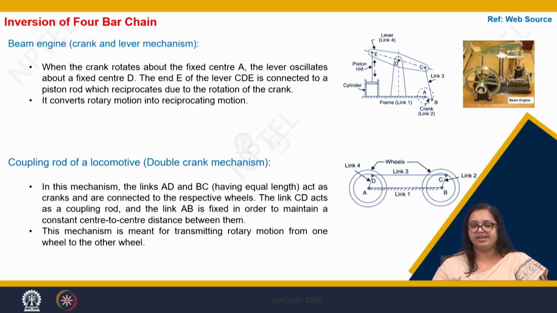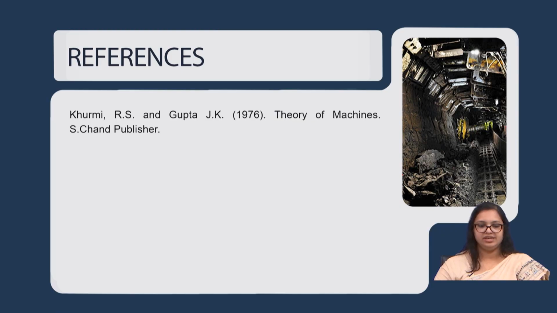Since the lengths of link 1 and link 3 are the same and link 2 and link 4 are the same, as link 2 rotates, link 4 would rotate. We generally find this kind of mechanism in locomotives. So with this I end today's lecture.